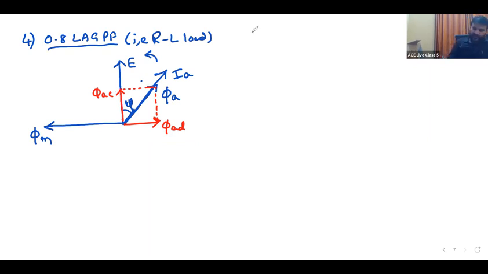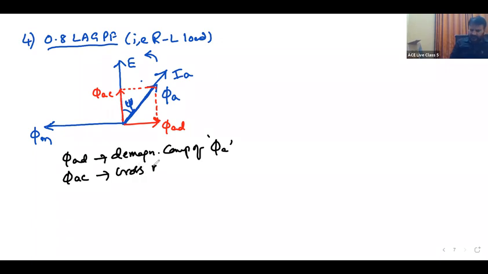Phi AD is the demagnetizing component of phi A, and phi AC is the cross magnetizing component of phi A.